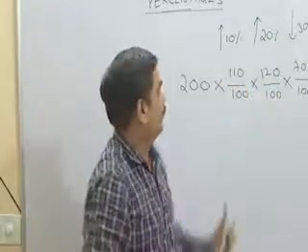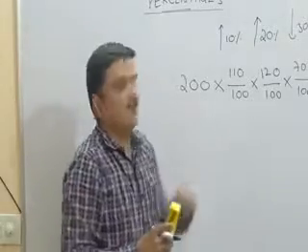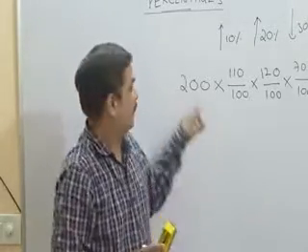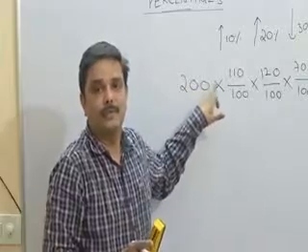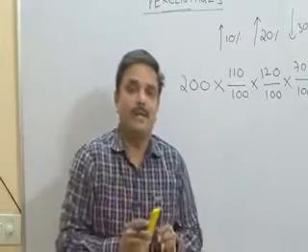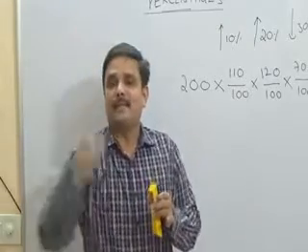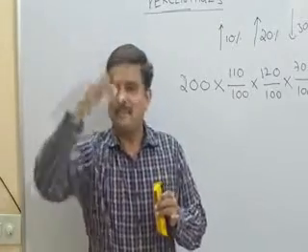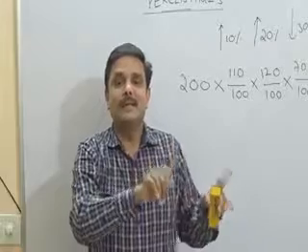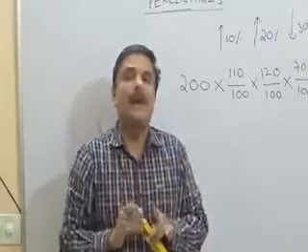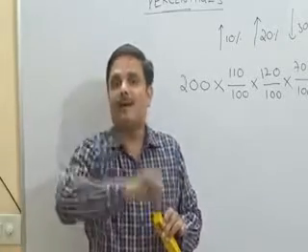So now, after this one, what if they give in this way? Sometimes they won't give the number. Simply they give that a number first increased by some percentage, again increased by some percentage. What is the net result they ask, or what is the effect on the original one?